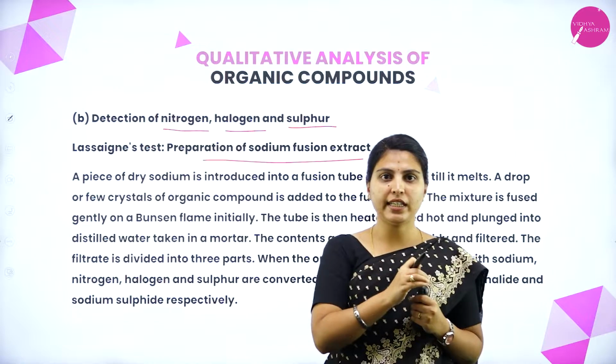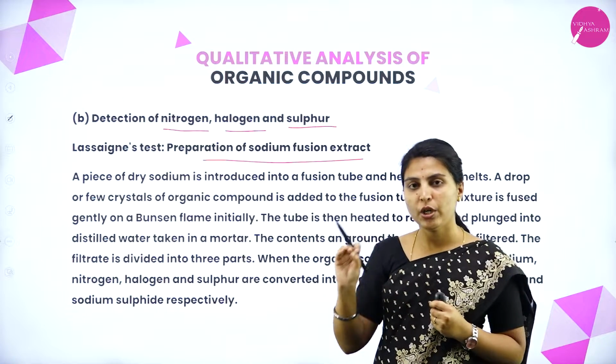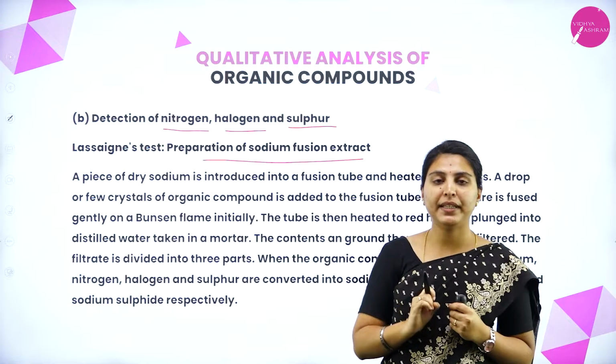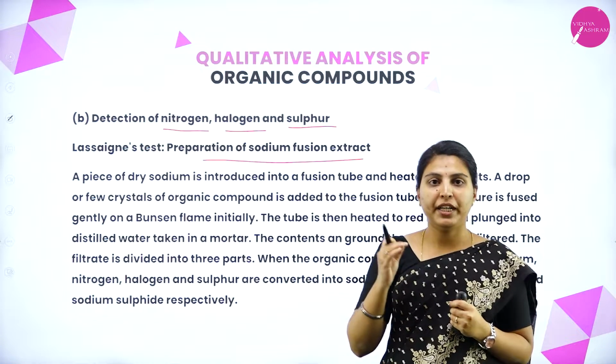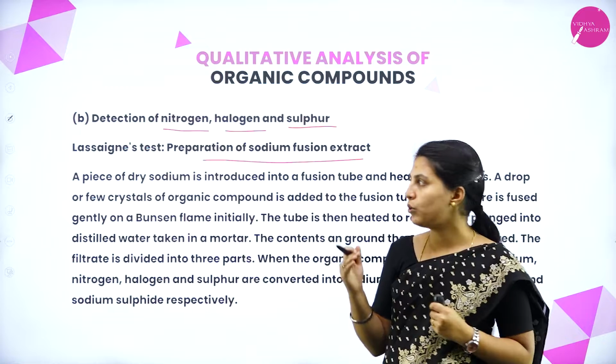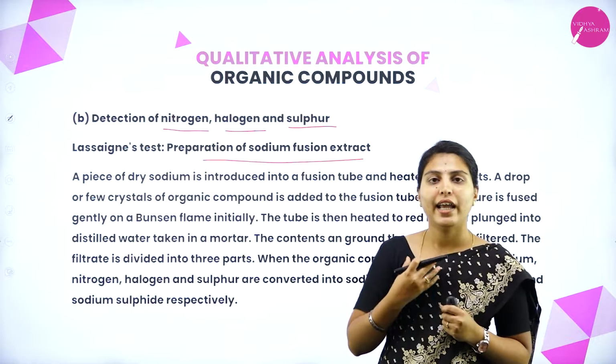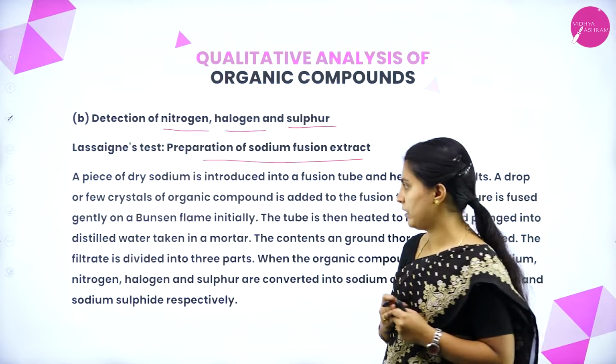Whatever you have heated in that fusion tube, you have to put into that, and make a complete paste. Make it into 3 parts for the detection of nitrogen, halogen and sulfur, or any detection of elements.